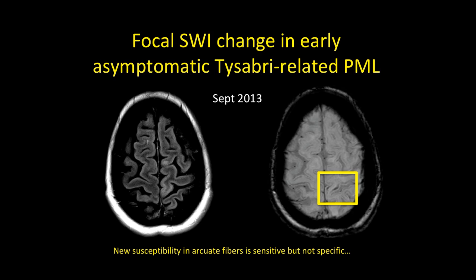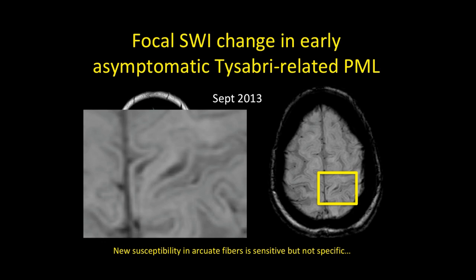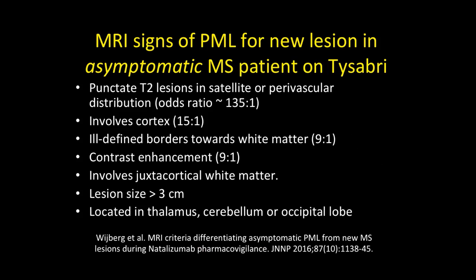So remember that this new susceptibility in arcuate fibers is sensitive but not specific. And here it is again magnified. So MRI signs of PML for a new lesion in asymptomatic MS patients on Tysabri or other monoclonal therapy: you want to look for punctate T2 lesions in a satellite or perivascular distribution.